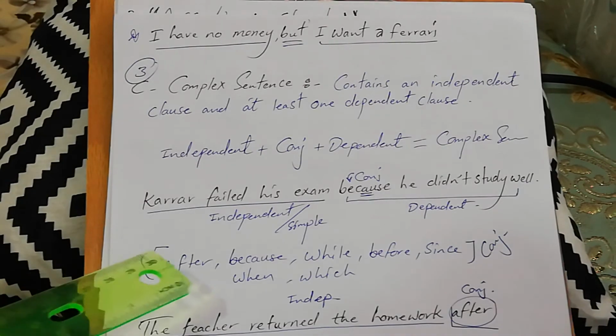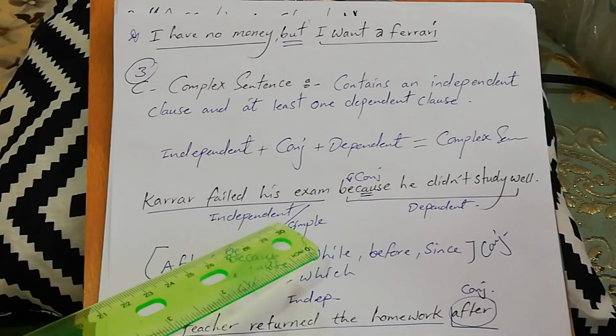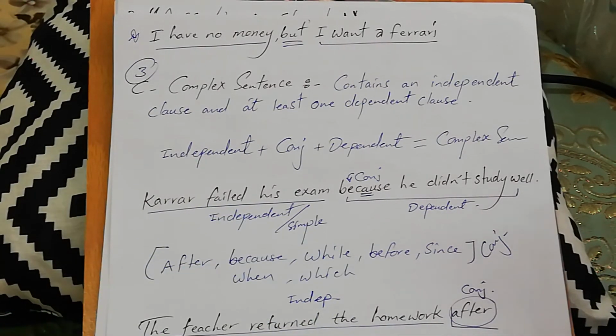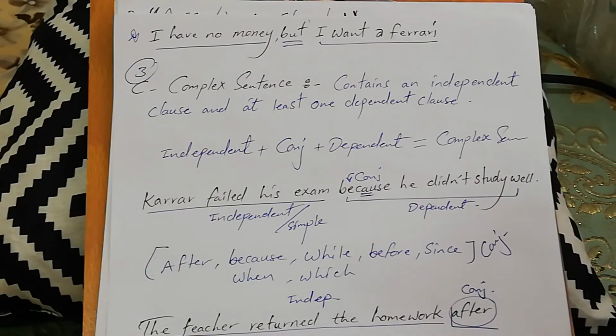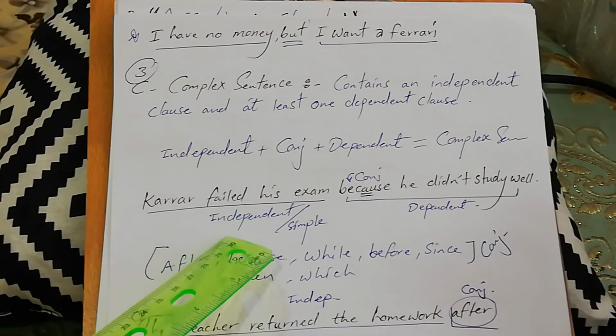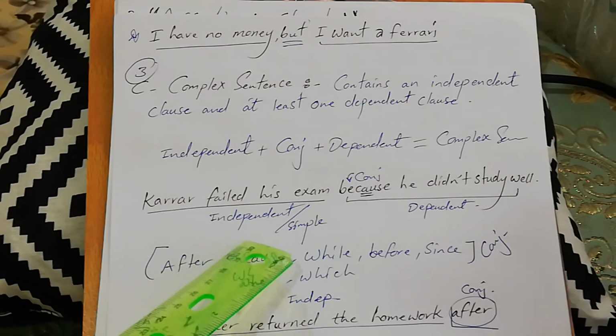Look at this example: Karar failed his exam because he didn't study well. Here, Karar failed his exam, it's okay, it gives a complete idea. I can understand it, so it's a simple sentence, an independent clause.